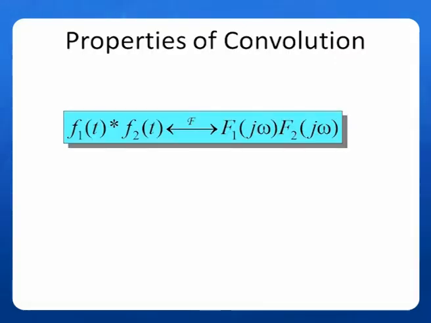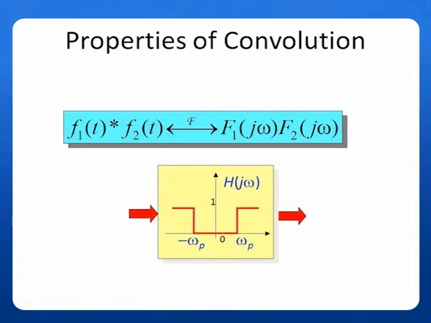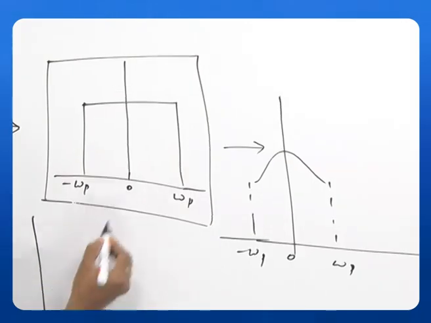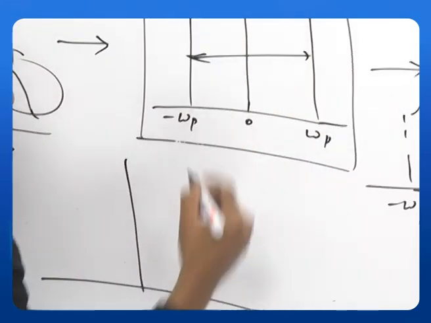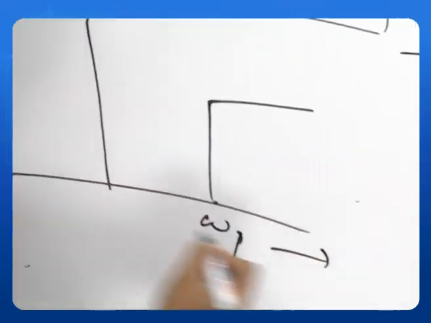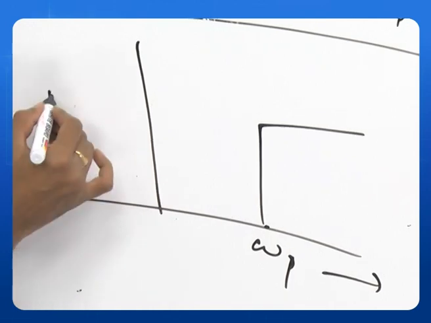If you look at the system response, you should concentrate on h of j omega here because that is what has changed from the earlier slide to this slide. Earlier, the system function existed between minus omega p to plus omega p. Now, if you look at this particular figure, the function exists beyond this and beyond this.